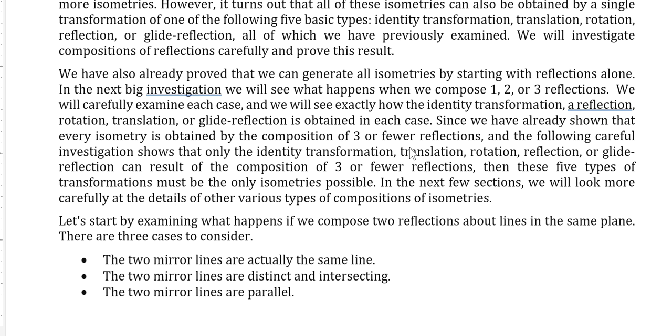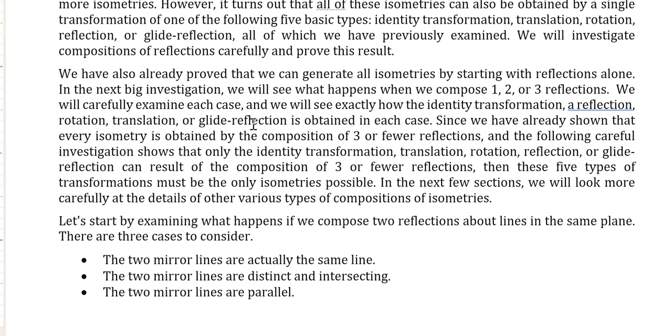We have also already proved that we can generate all isometries by starting with reflections alone. In the next big investigation, we will see what happens when we compose one, two, or three reflections. We will carefully examine each case, and we will see exactly how the identity transformation or reflection, rotation, translation, or glide reflection is obtained in each case.